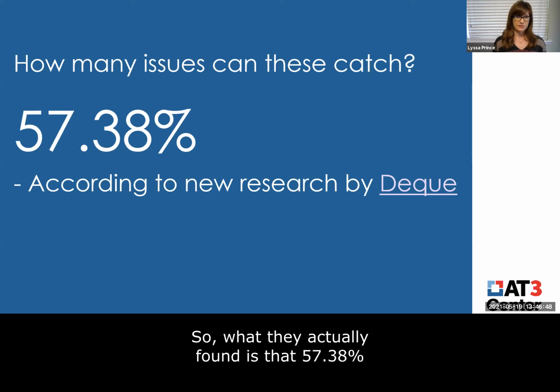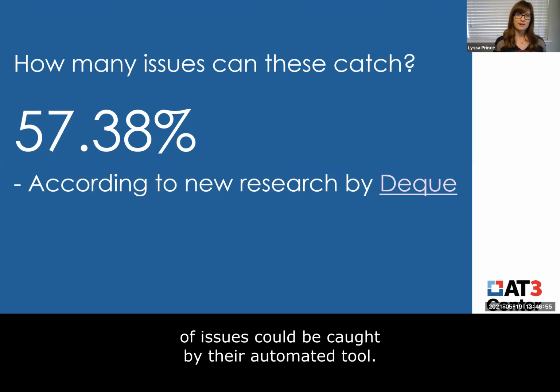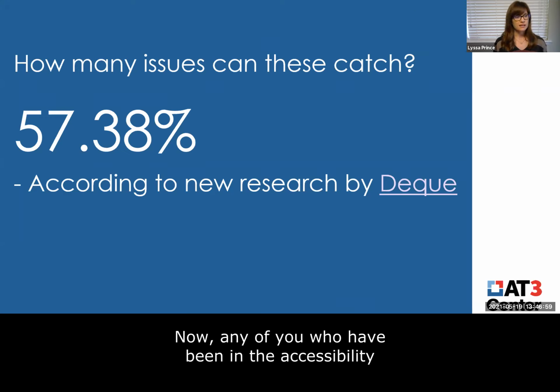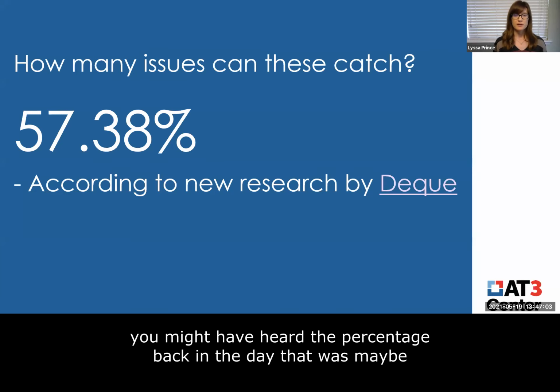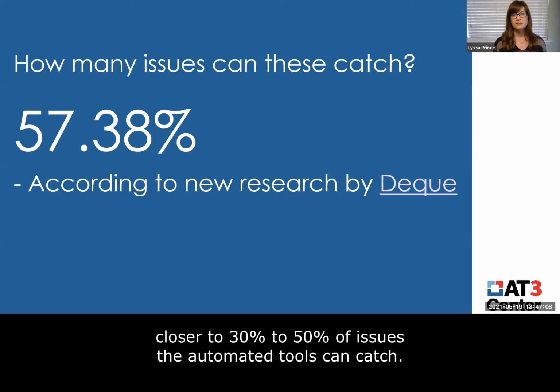So what they actually found is that 57.38% of issues could be caught by their automated tool. Now, any of you who have been in the accessibility world for a little bit might have heard the percentage back in the day that was maybe closer to 30 to 50% of issues that automated tools can catch.